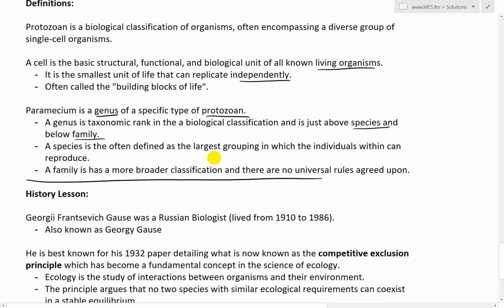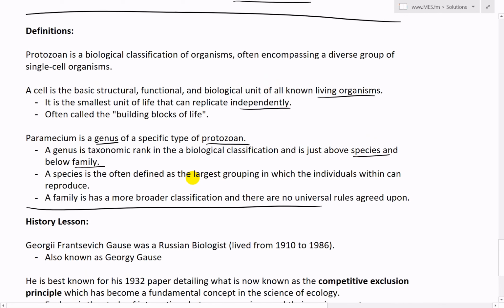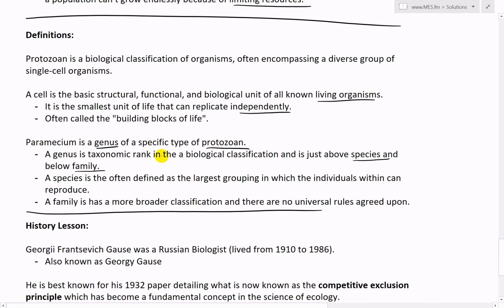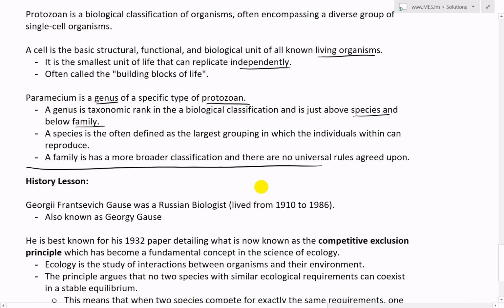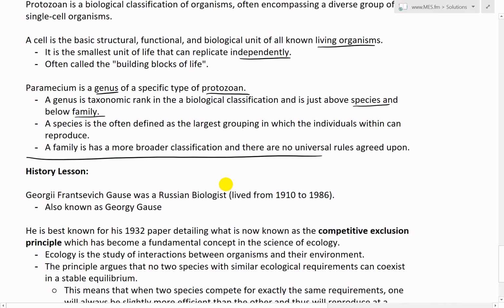So Paramecium is a classification of this specific classification of single-celled organisms. So it's just a lot of grouping wordings. And a species is often defined as the largest grouping in which individuals can reproduce.